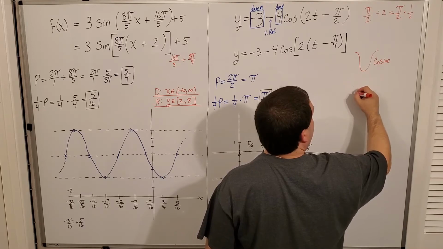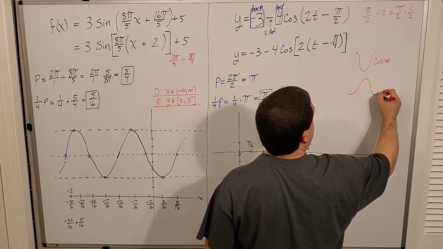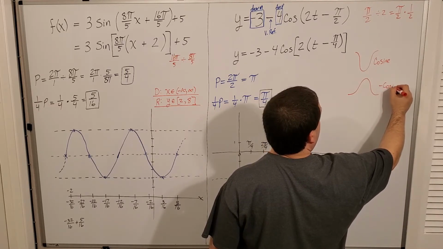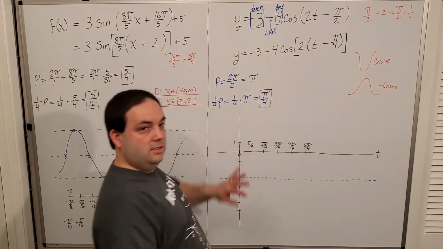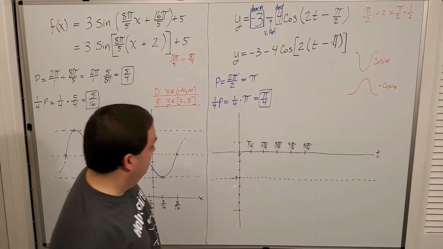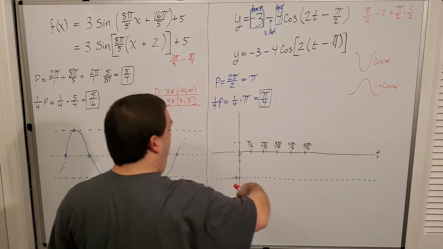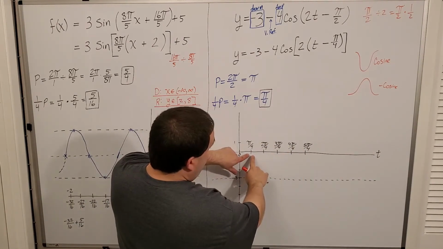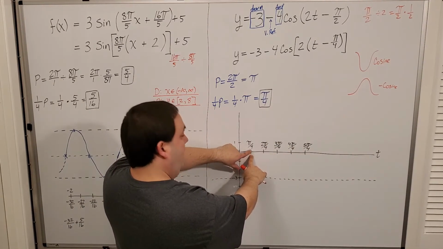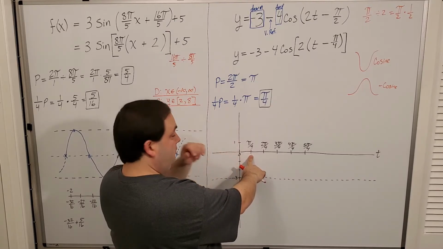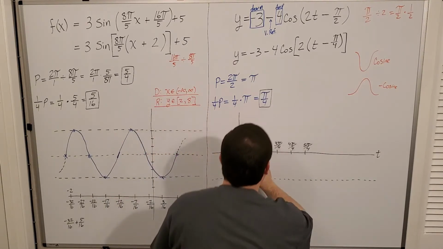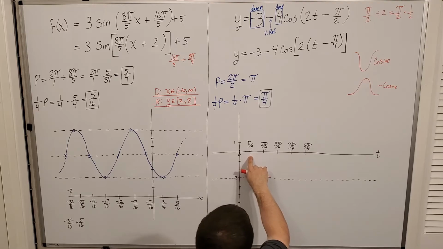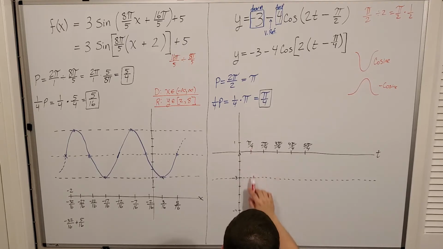But negative cosine does this, because it's reflected. So I'm going to start at the bottom. And remember, my beginning mark was actually this one. I counted back 1 mark to make it work, but I'm actually on this marker here. And I'm going to be starting at the very bottom there, right here.